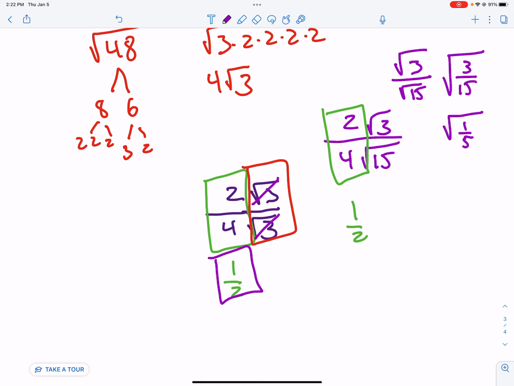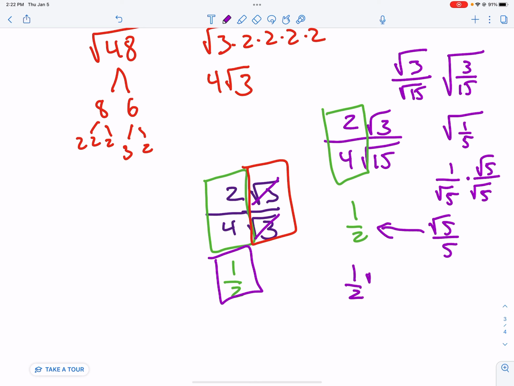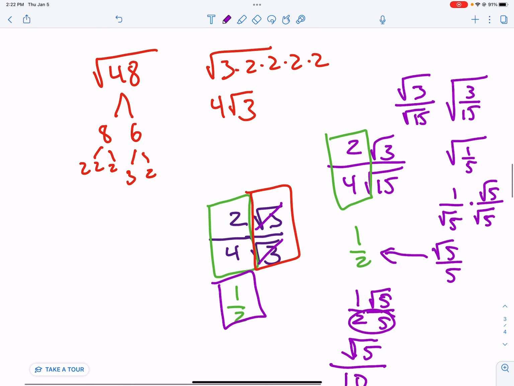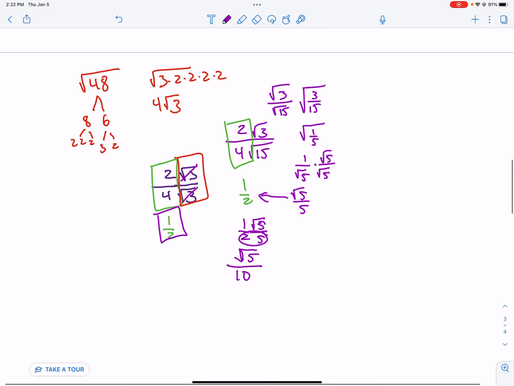Or you can do 1 over square root 5. In which case you have to rationalize the denominator, multiply both sides by radical 5, and you get radical 5 over 5. Oh, this is a long one. 1/2 times radical 5 over 5. Multiply these two. Radical 5 on top, 10 on the bottom. All right, good luck. That's going to be a little messy, but you got it.